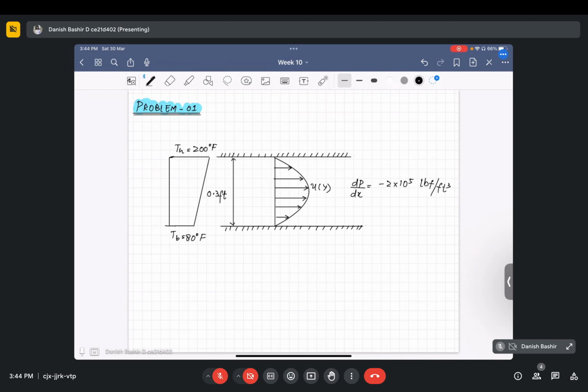So we will propose a three element model for this, like this. So this is one element. Sorry, this is one node. This is another node. This is another node.